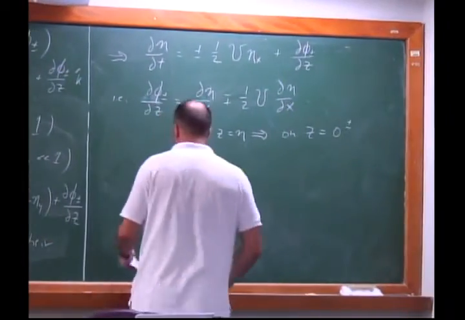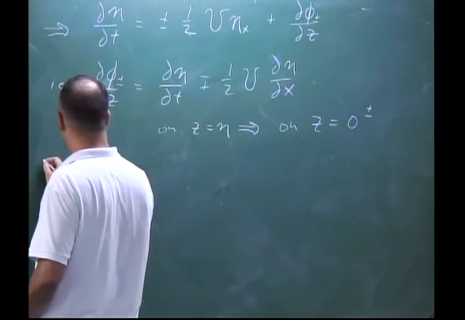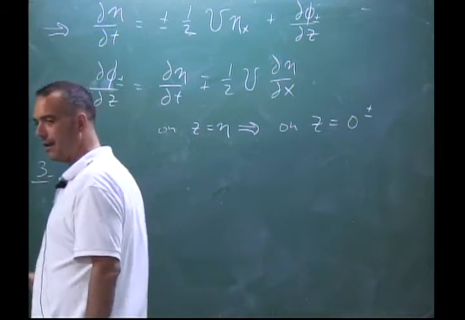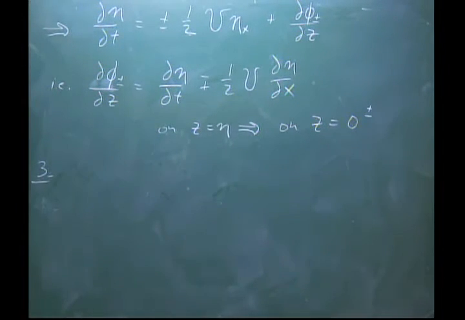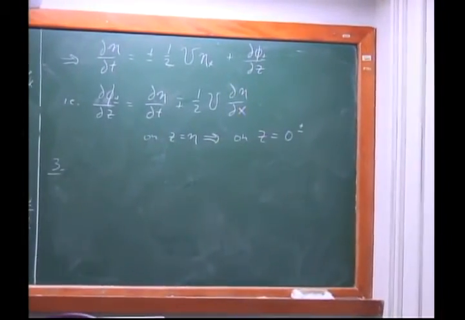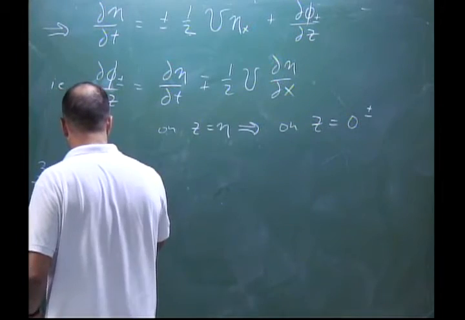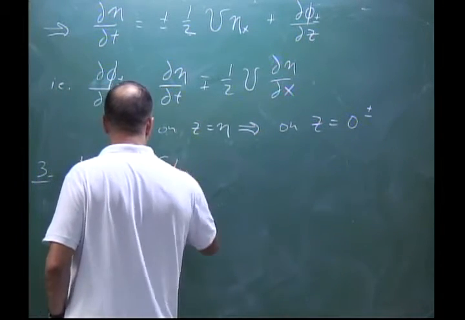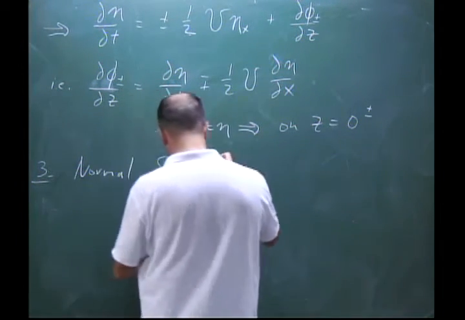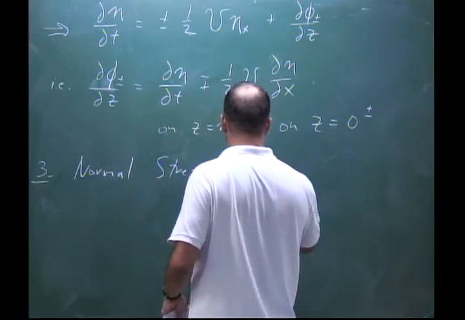Okay, so the other thing we have to worry about, so this is a little bit technical now, it's just algebra, but then halfway through the class we'll have the dispersion relation, and then we can get a lot of physics out of it. Right? Okay, so the thing we haven't applied yet, but that we know its form, is the normal stress balance.